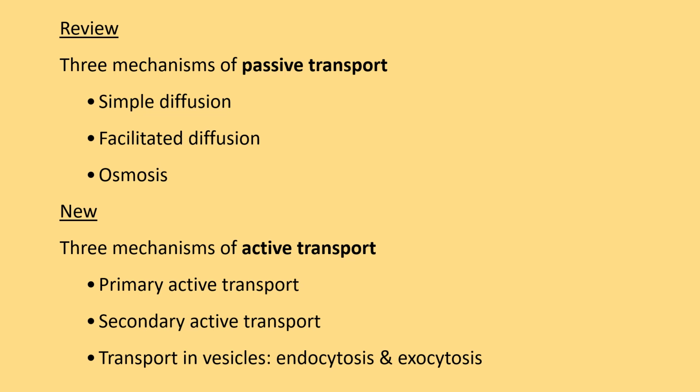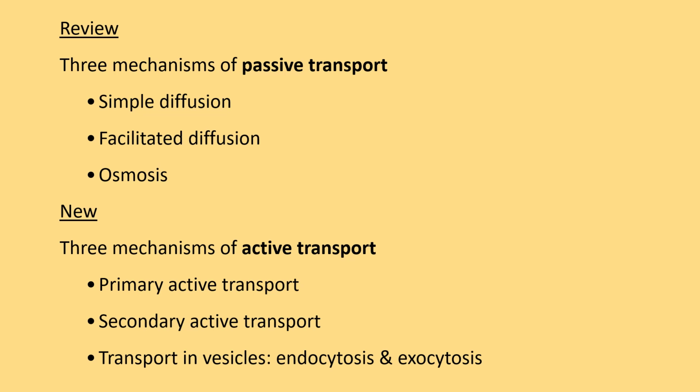So for both versions of diffusion, simple diffusion and facilitated diffusion, as well as osmosis, those substances move because a concentration gradient exists, and because one way or another, the plasma membrane allows that substance to come through.